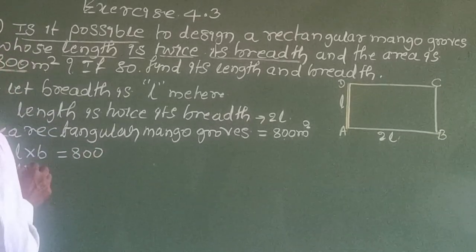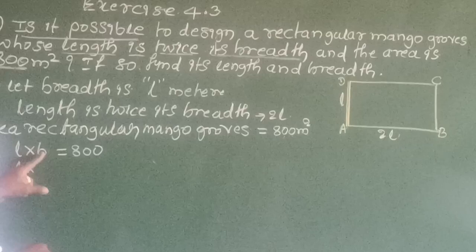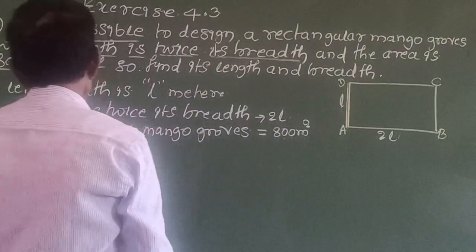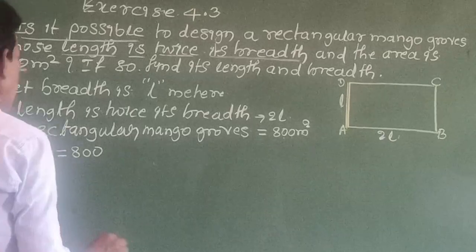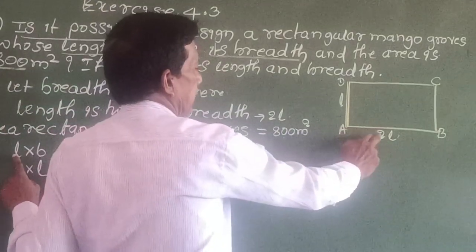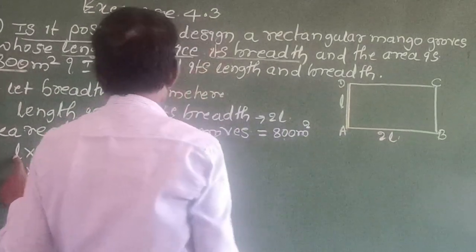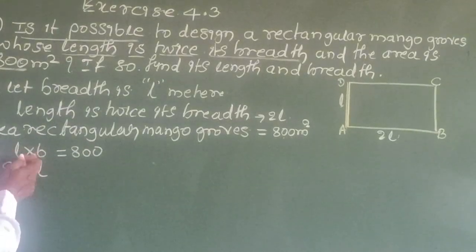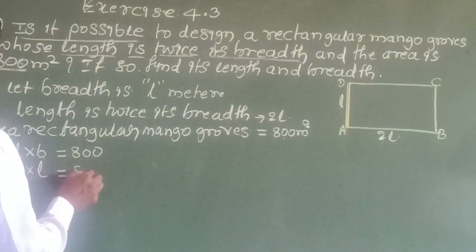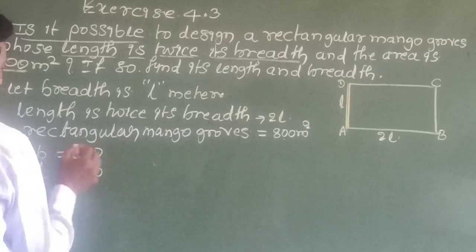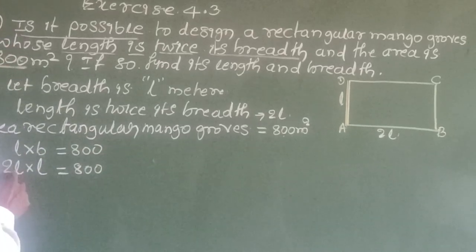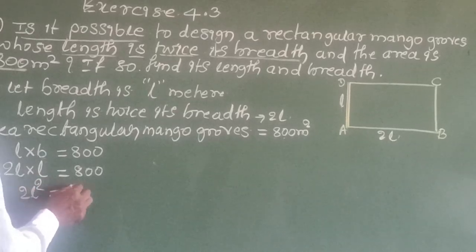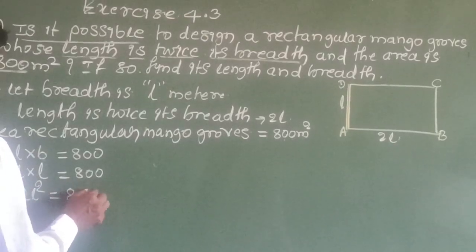Breadth is denoted by L and length is denoted by 2L. Breadth into length equals 800. 2L into L, 2L square equal to 800.